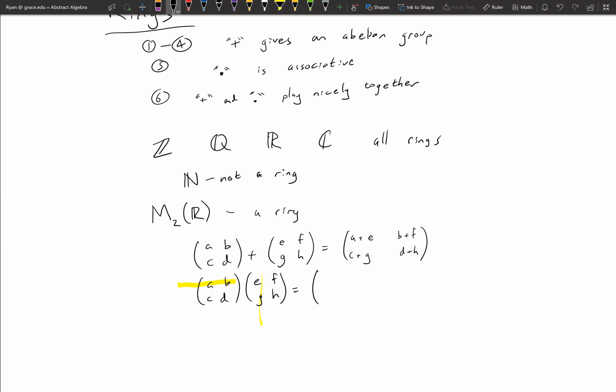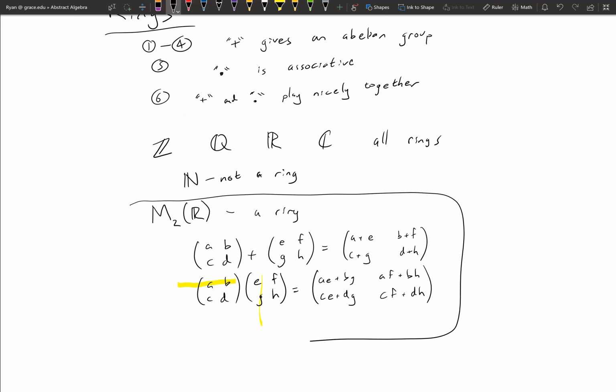So then AE plus BG, and then row column CE plus DG, then row column AF plus BH, row column CF plus DH. So the 2 by 2 matrices are in some sense a great example of a ring.